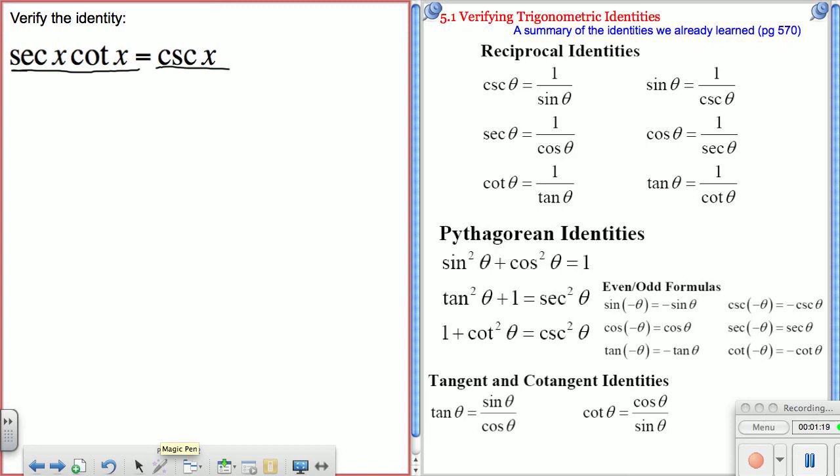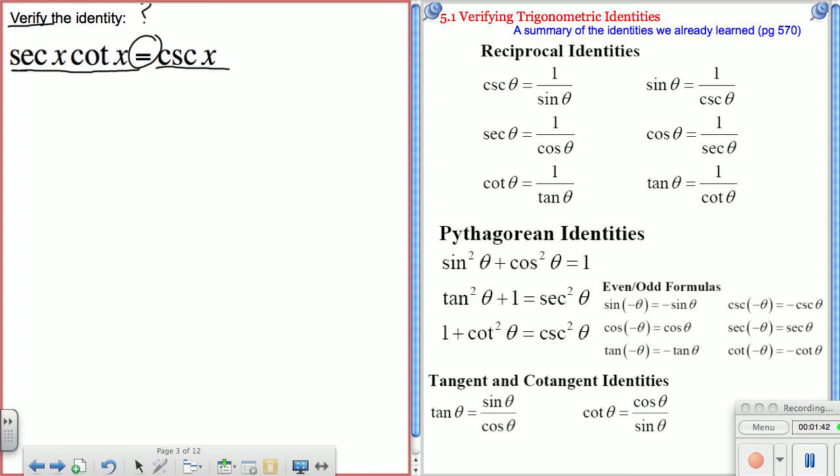Now, there's a few things to be really cautious of on these verifying questions. The first thing is because I'm verifying it, I don't actually know for sure that these are equal. It's telling you they're equal, but I'm verifying they are. I'm making sure that they're equal.